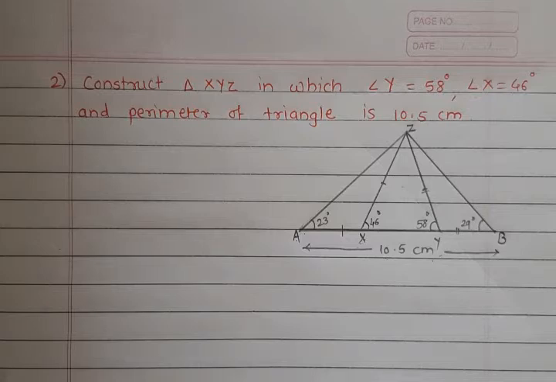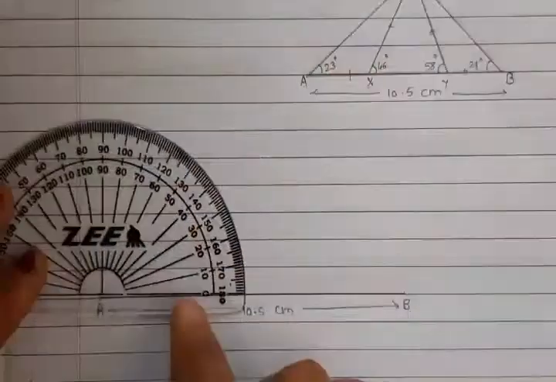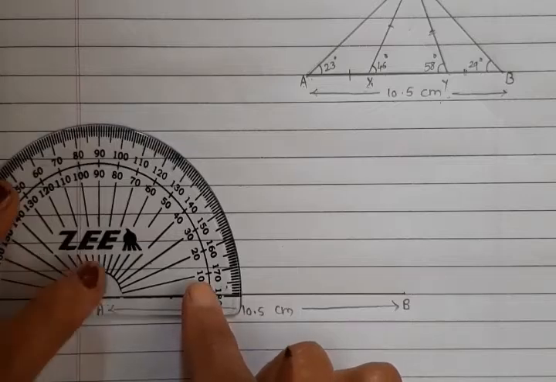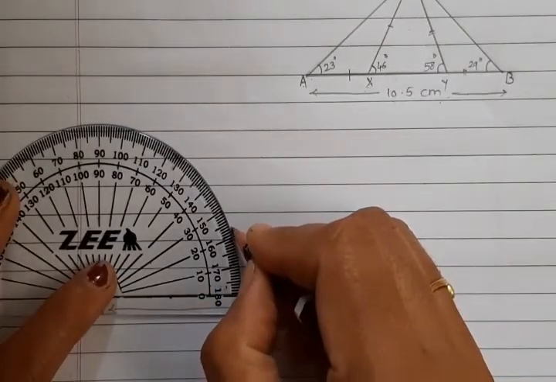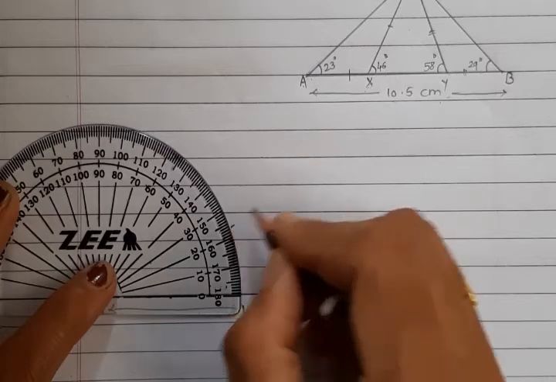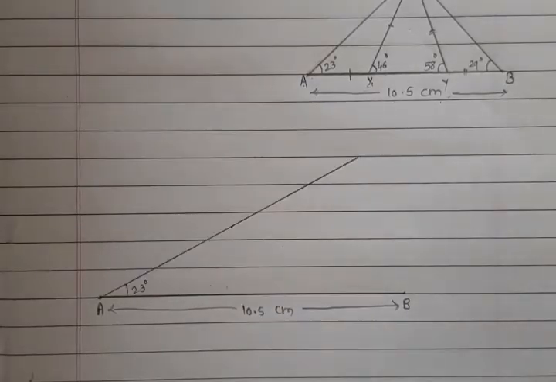So first of all, everyone draw a segment AB of 10.5 centimeter. Okay, finish everyone. Now keep your protractor at point A and draw an angle of 23 degree. Okay, finish.